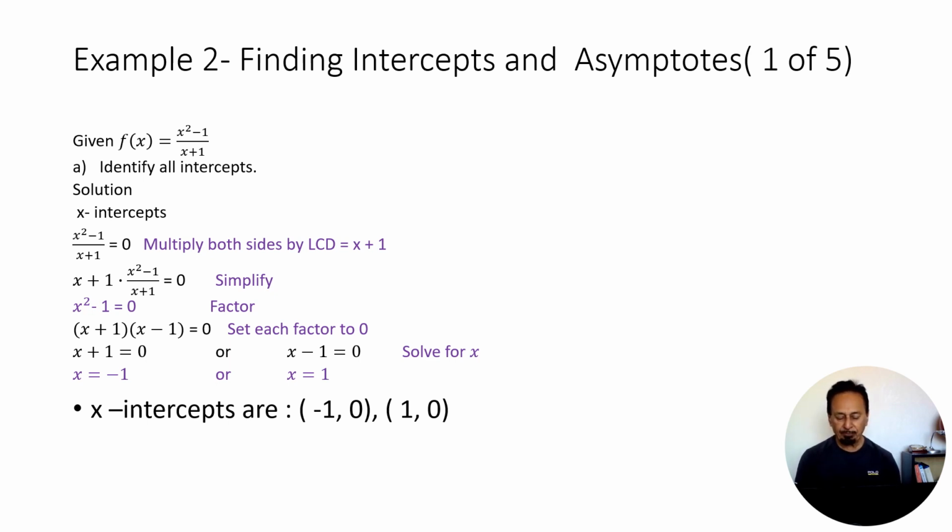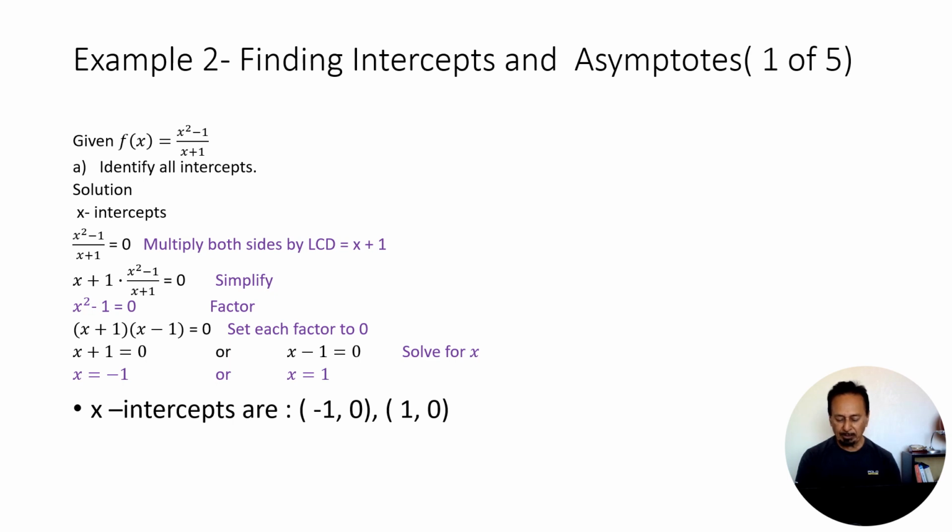Now we're going to solve for x. We can factor x squared minus 1 into x plus 1 and x minus 1. Since the product equals 0, we set each factor to 0. Solving x plus 1 equals 0, we move the 1 to the right and get x equals minus 1.